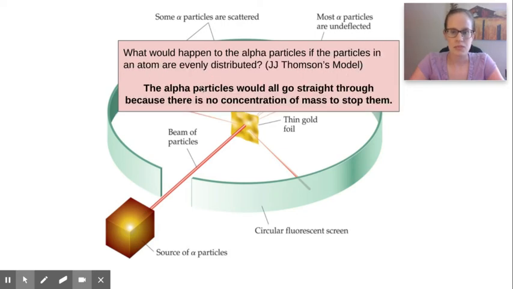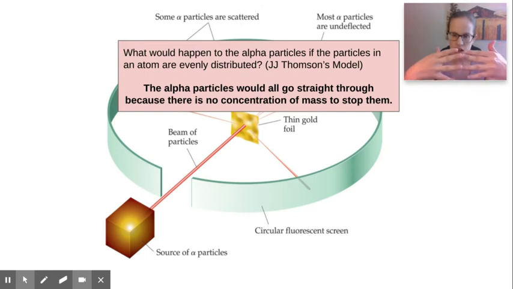So what do you think would happen to the particles in the atoms if there was no empty space? I changed the question. I said, what would happen to the alpha particles if the particles in the atom are evenly distributed? So he's starting with Thomson's model, and he thinks that those positive and negative particles are evenly distributed.